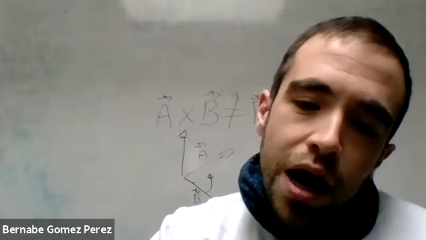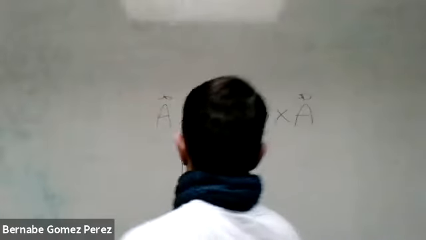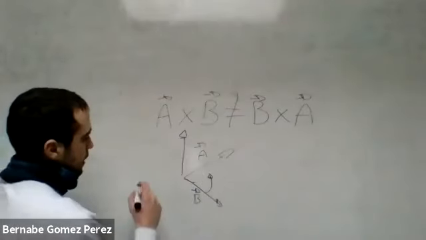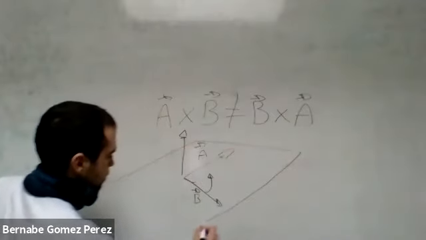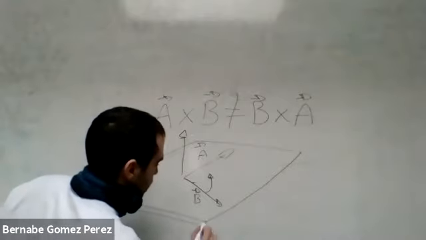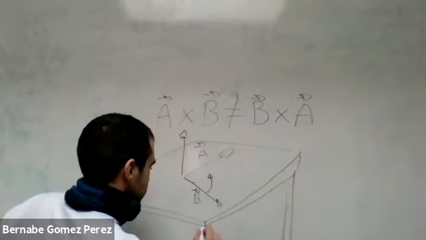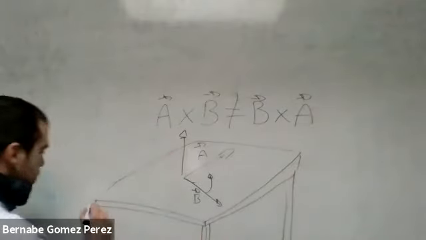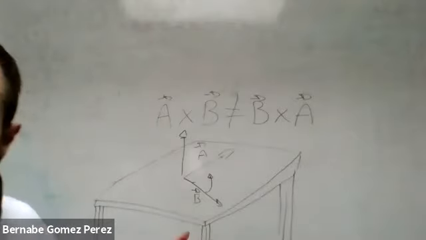It would be upwards. It depends on the plane. So for example, let's say that this is a kind of table. We can imagine a table. I'm not very good with pictures, but more or less you can have an idea of this table.